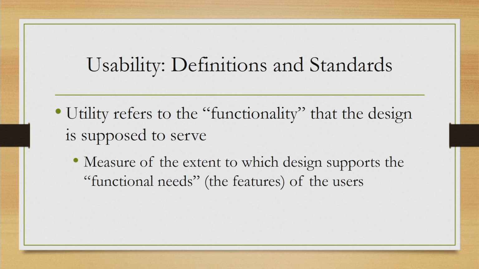Along with these five quality attributes, there is another measure proposed by Nielsen, as I said, that is utility, which refers to the functionality that the design is supposed to serve, the extent to which the design supports the functional needs or the features.